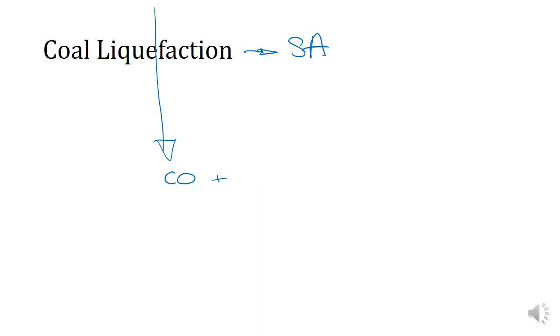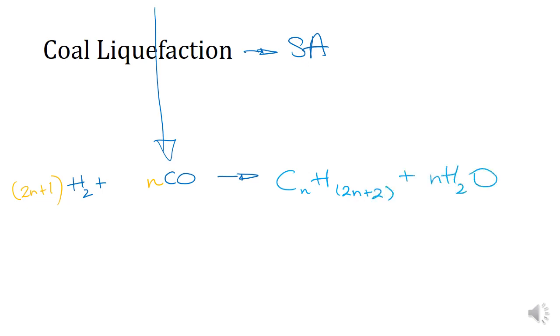If I start with hydrogen and carbon monoxide, I'm just going to say nCO and 2n plus 1 hydrogens, we end up with CnH2n+2 plus n numbers of water.